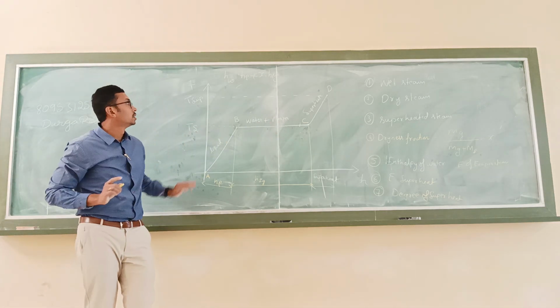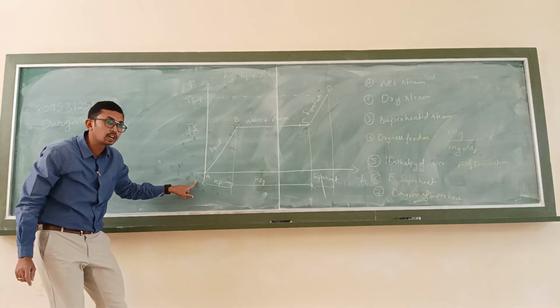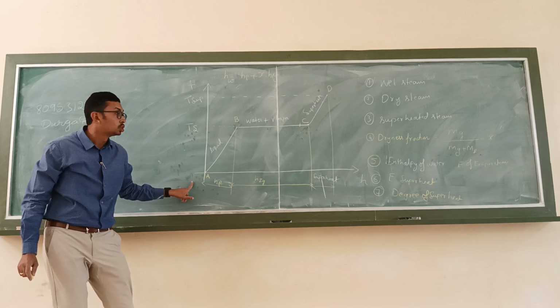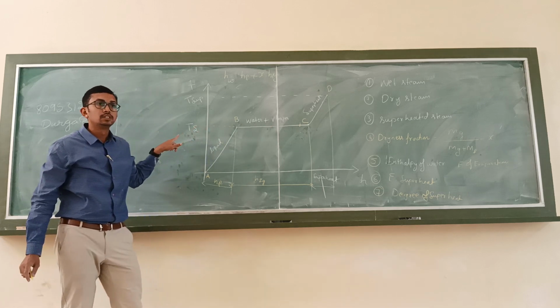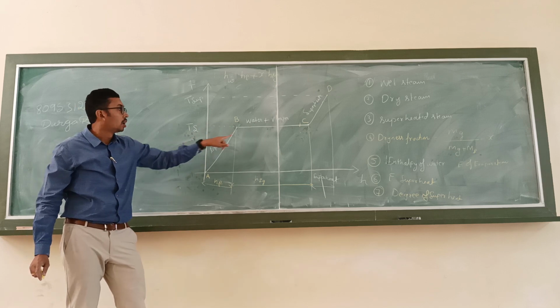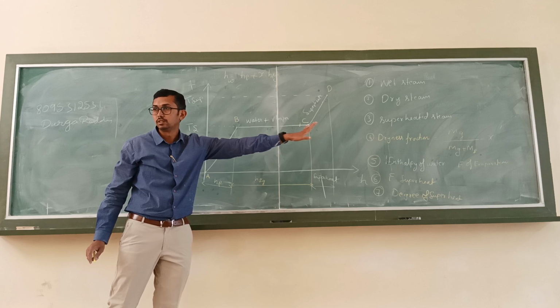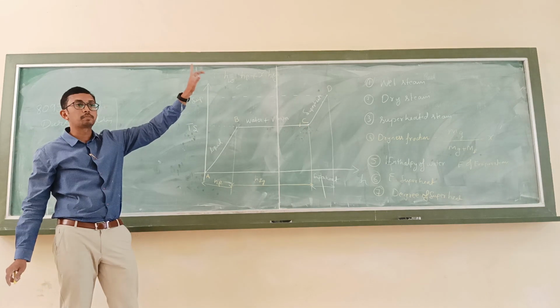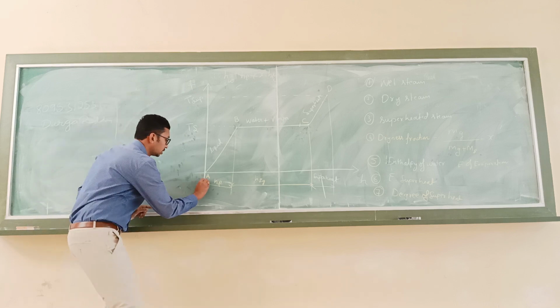I'll repeat once again. Amount of heat required to convert 1 kg of water from 0 degrees Celsius to 1 kg of wet steam, at which temperature, of a given dryness fraction is called as what? Enthalpy of wet steam.